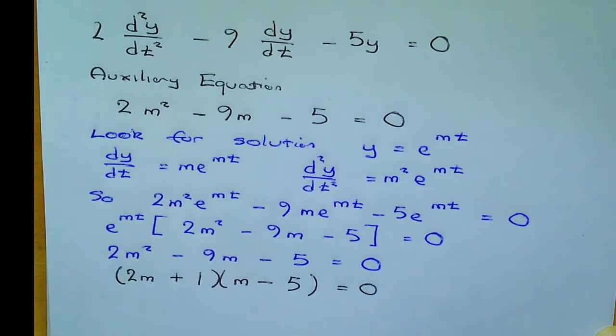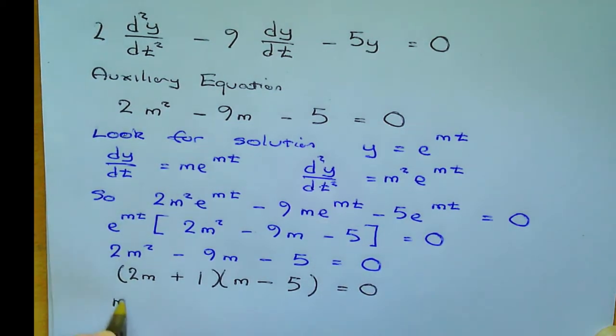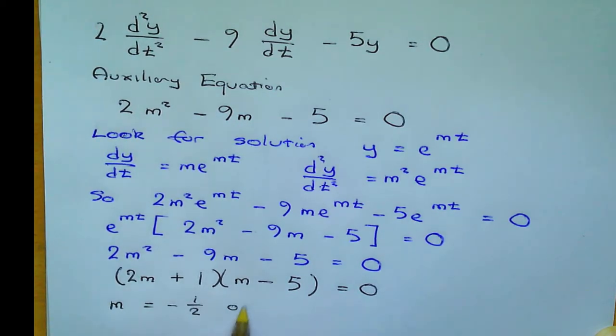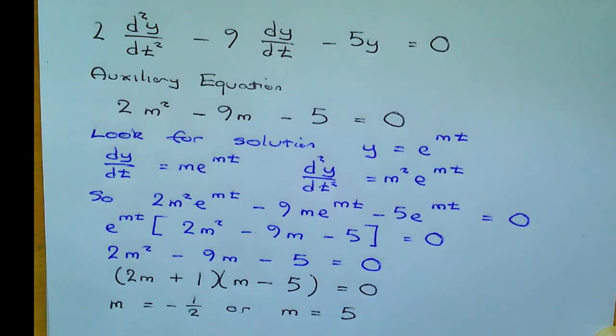So if this product is 0, we'll have that m is equal to minus a half, or m is equal to 5. We have 2 real and distinct solutions here.